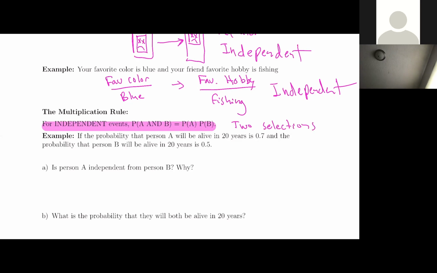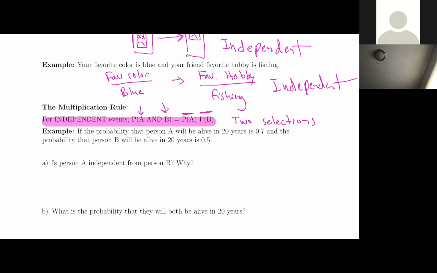So instead of randomly selecting one person or one object, we're going to be randomly selecting two people. So what the multiplication rule says is, if I want to find the probability of A and B occurring, all we have to do is multiply the probability of A and the probability of B. So let's test out that formula with this next problem.